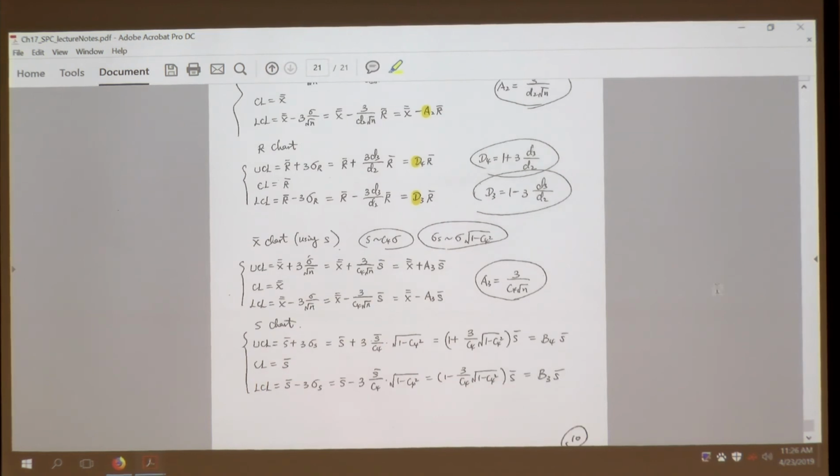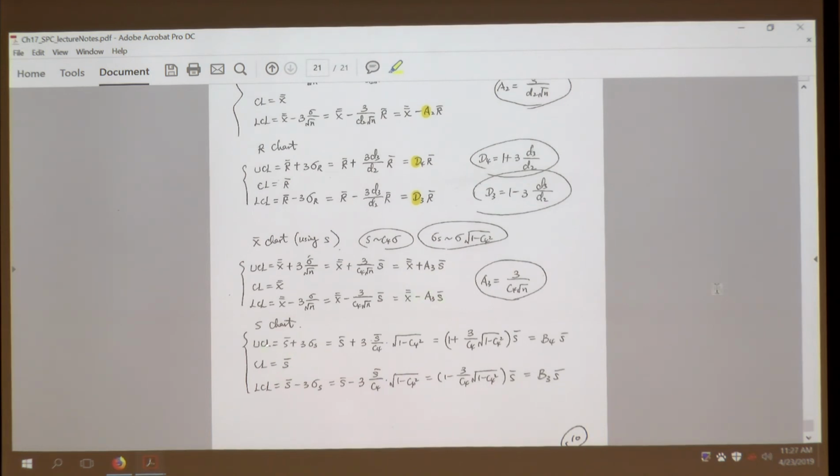Now this is the X bar chart using S. S is actually C4 sigma, and sigma S is sigma square root of 1 minus C4 squared. Based on this approximation, we get the upper control limit as X bar plus A3 S bar, and X bar minus A3 S bar.